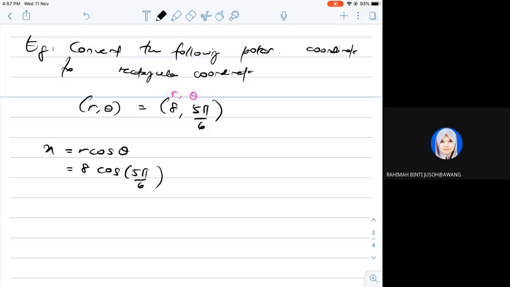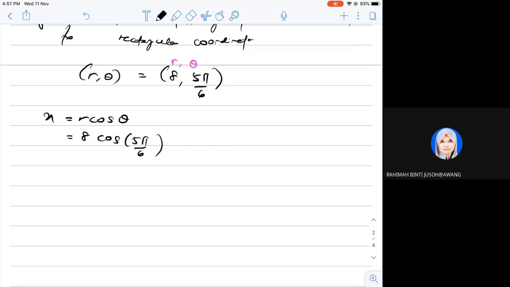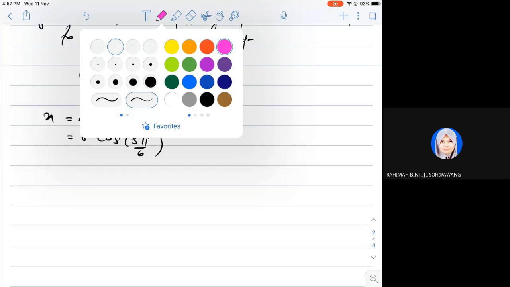Make sure if you use pi in your calculator, you change it to radian mode. But if you use degrees, then use degree mode in the calculator. If you use degree mode, 5 pi over 6 is equivalent to 150 degrees, right?